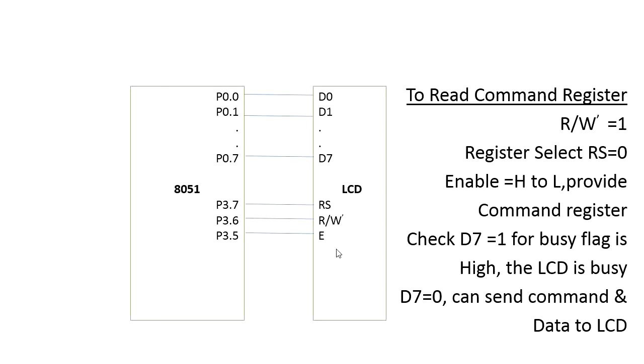Next, let us understand the theory concept of the LCD device before explaining the programming part, that is the interfacing between the 8051 and the LCD device. Whenever the microcontroller wants to send a command to the LCD device, read bar write bar is equal to 1.